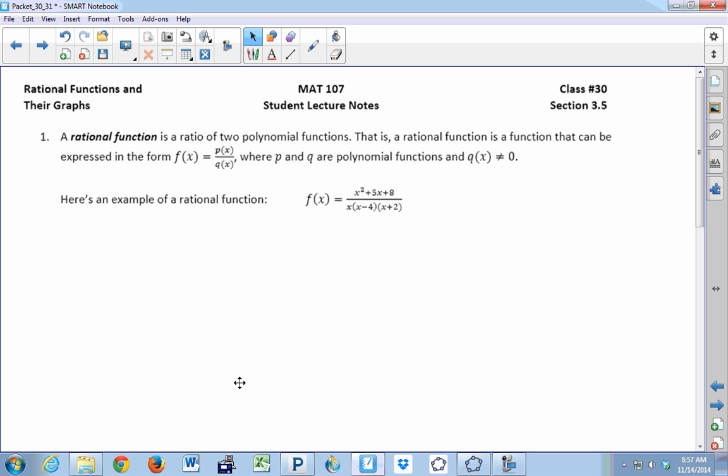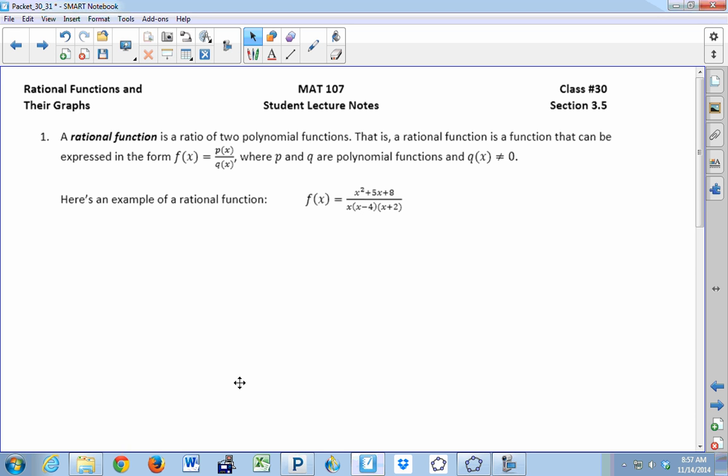Okay, so today we're going to start this new topic, and this finishes off chapter 3 for us. After we finish rational functions, we're going to take a step into exponential functions next week, and then a little bit of logarithms. Then we have Thanksgiving break, and we probably have an exam sometime soon after Thanksgiving, I think, right?